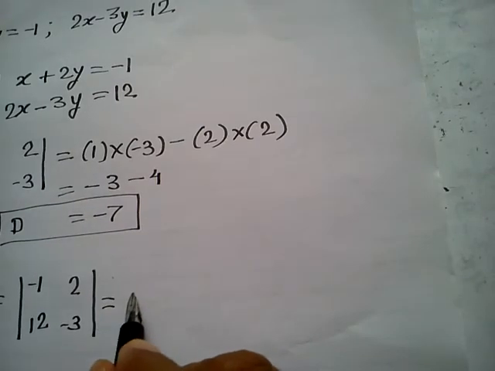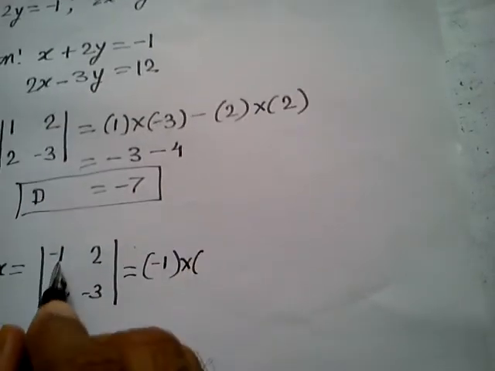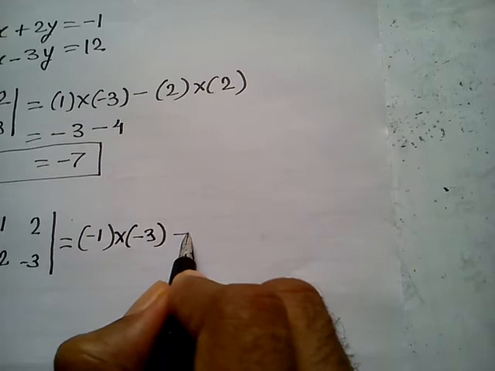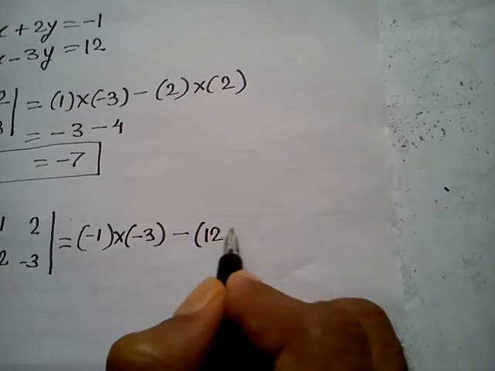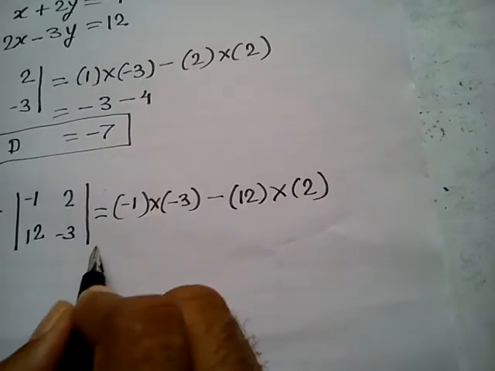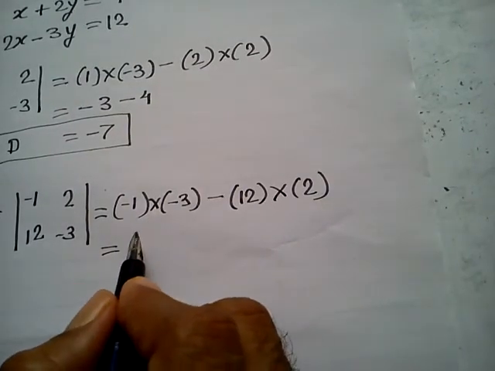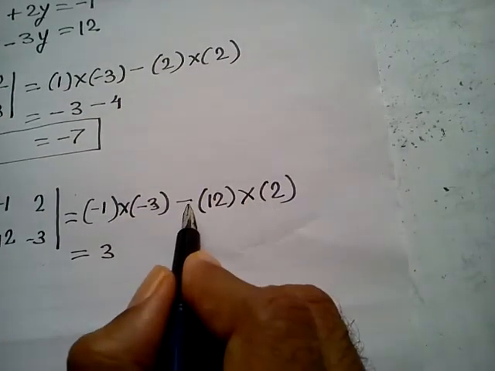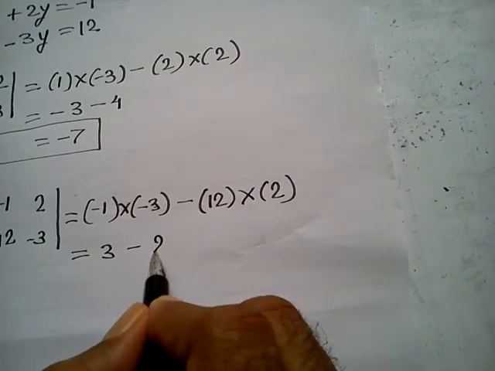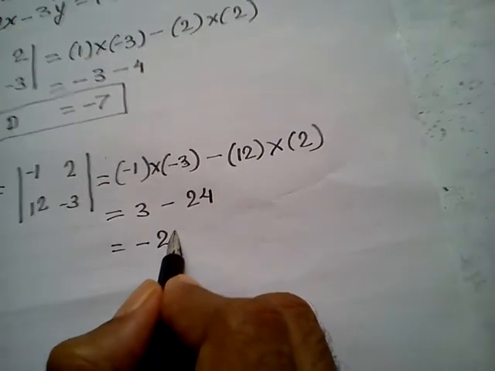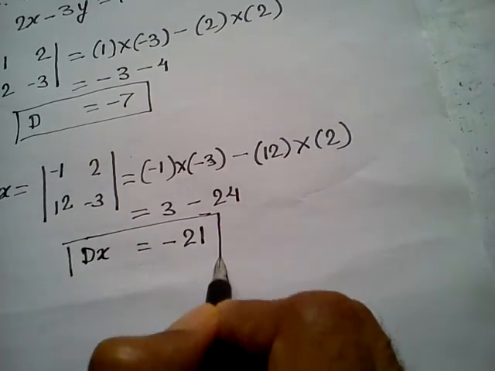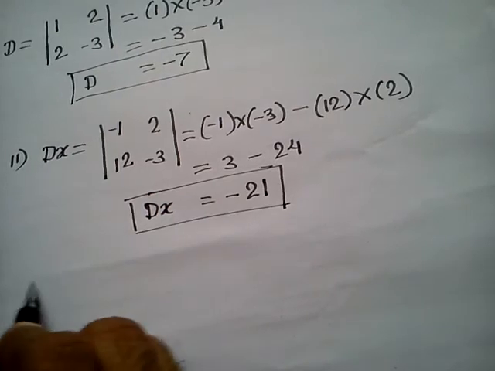Now see here, is equal to negative 1 into cross multiplication negative 3 minus cross multiplication 12 into 2. Product of two negative terms always positive. 3 into 1, 3. 1 negative, both are positive, but here is negative 1 times, so negative 24. So what will be negative 21? What is that? dx. Not necessary to put the bracket or box.